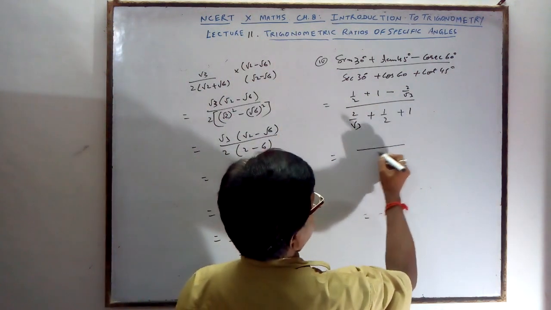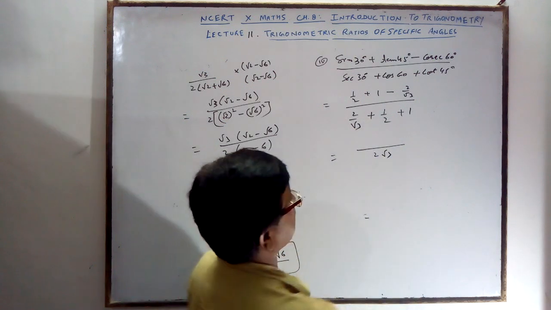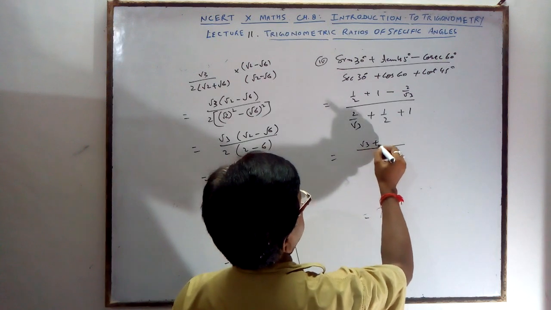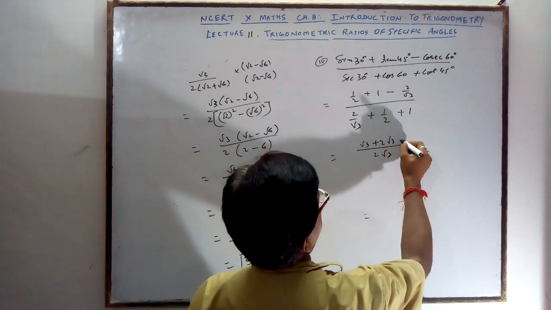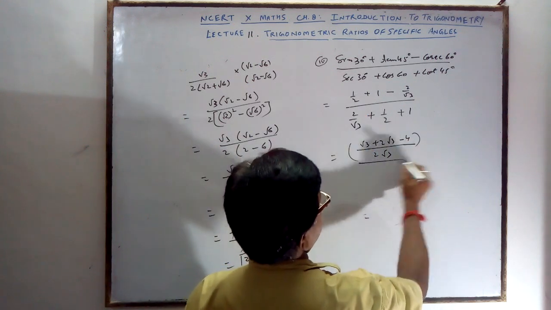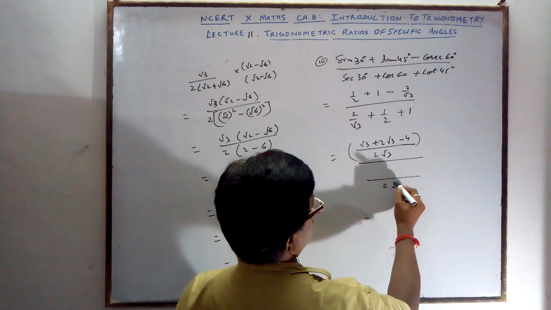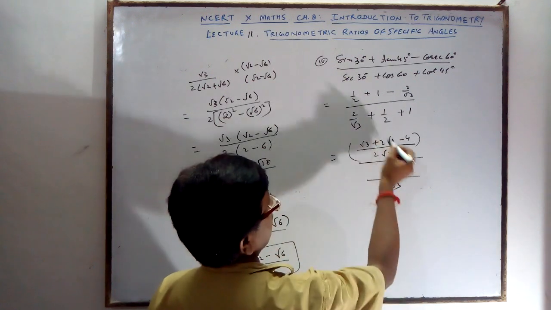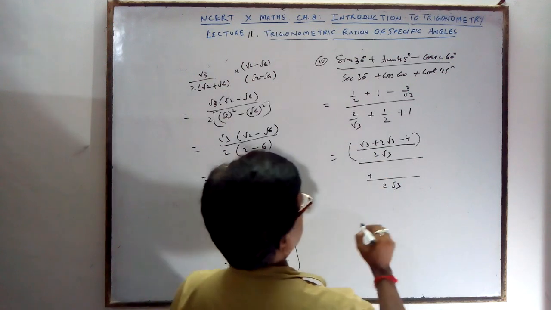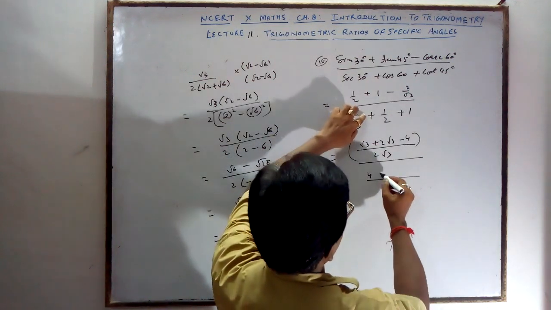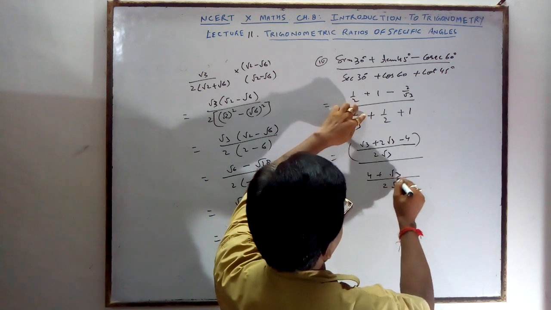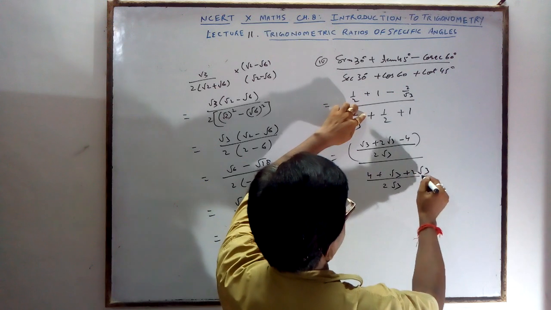Take the LCM in the numerator. 2 under root 3 is the LCM. So what will you get here? Root 3 plus 2 root 3 minus 4. This is in the numerator. Denominator, 2 root 3 is the LCM. What will you get here? 2 root 3 plus 4 plus root 3 plus 2 root 3.